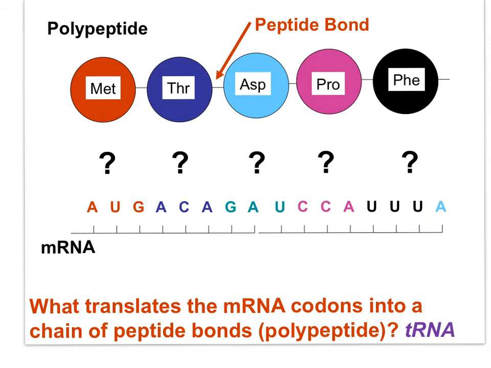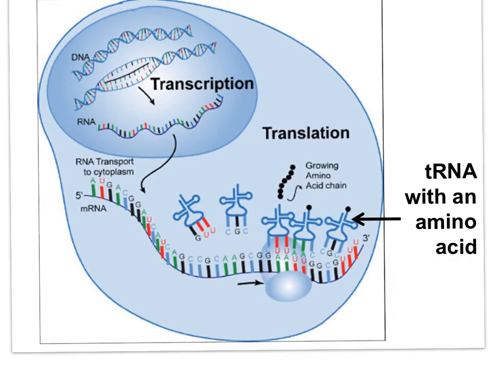And the answer is transfer RNA. In this diagram, we can see the mRNA, we can see the ribosome, and for the first time among the images I've presented, we can see the tRNA molecules transferring the appropriate amino acids into position in the growing polypeptide chain.